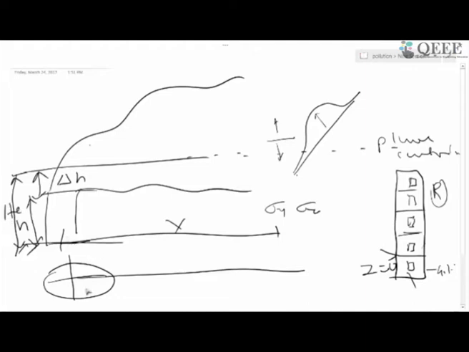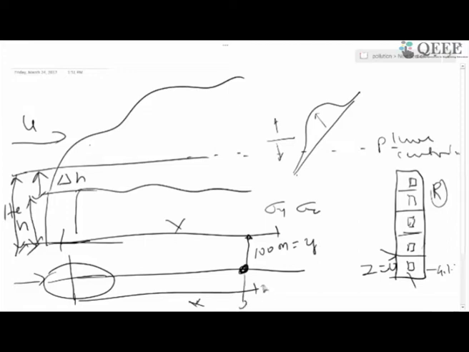Suppose your receptor is located on the center line of the plume, and this is the wind direction. So this distance will become x. Now if the receptor is located about 100 meters to either this side or this side, this will become y. We call this the crosswind distance.